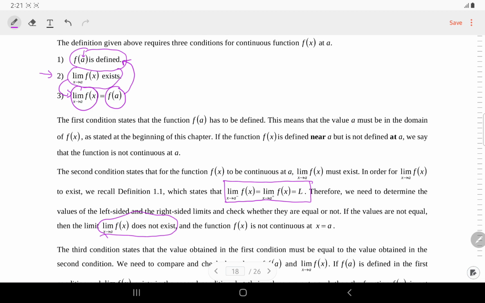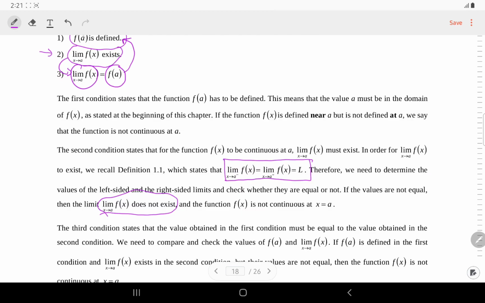So we can obtain f(a) from the first condition, and we can obtain the value of the limit in the second condition. If the values are equal, it means that the third condition is satisfied.